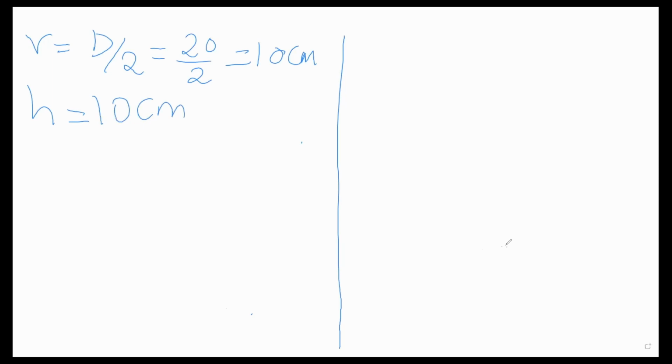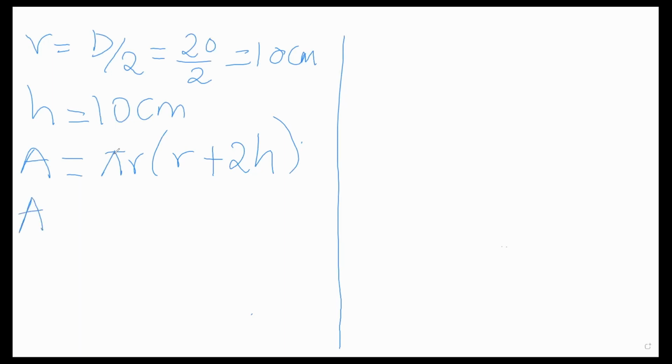So we are told to calculate the area of the cylinder when one of the ends is open. So using the formula which says A is equal to pi r into bracket r plus 2h, that is the area of the cylinder when one of the ends is open.